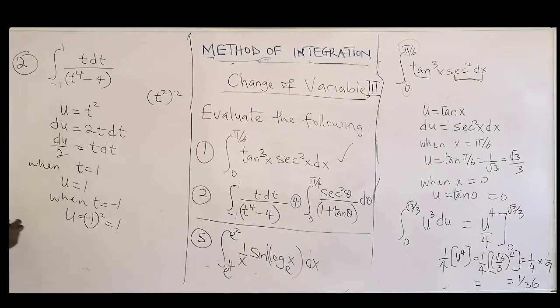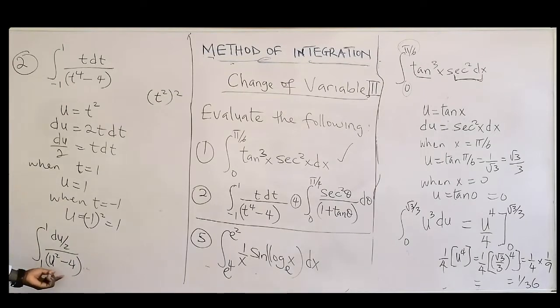So then we now have the integral from 1 to 1 of du over 2 all over u squared minus 4.